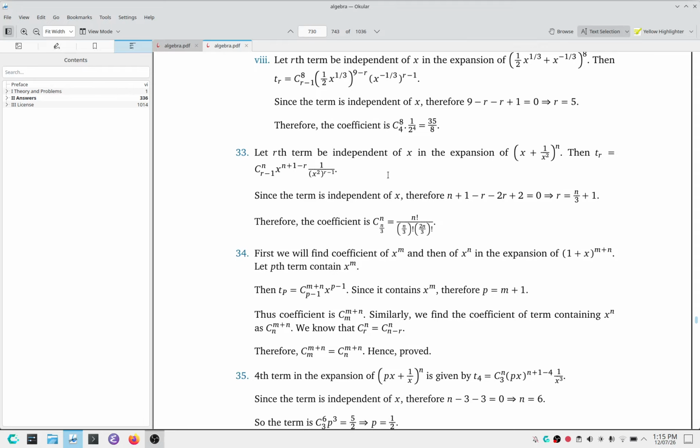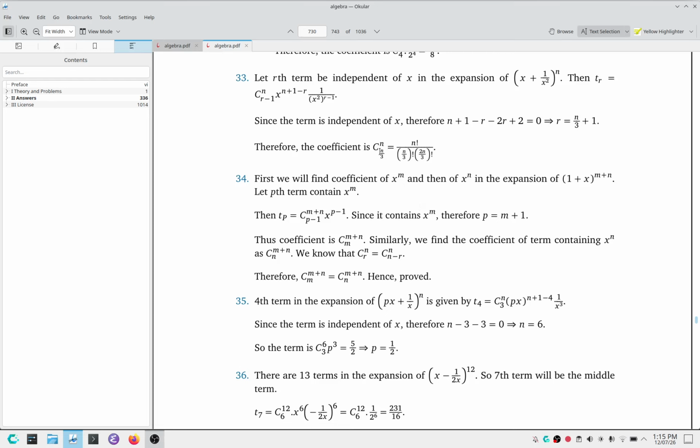So proceeding like previous questions, we have the general term nC(r minus 1) x raised to the power n plus 1 minus r, times 1 upon x squared raised to the power r minus 1. So the sum of powers of x is n plus 1 minus r minus 2r plus 2. So r is equal to n upon 3 plus 1. And therefore the coefficient is nC(n minus n upon 3), that is n factorial divided by n upon 3 factorial times 2n upon 3 factorial.